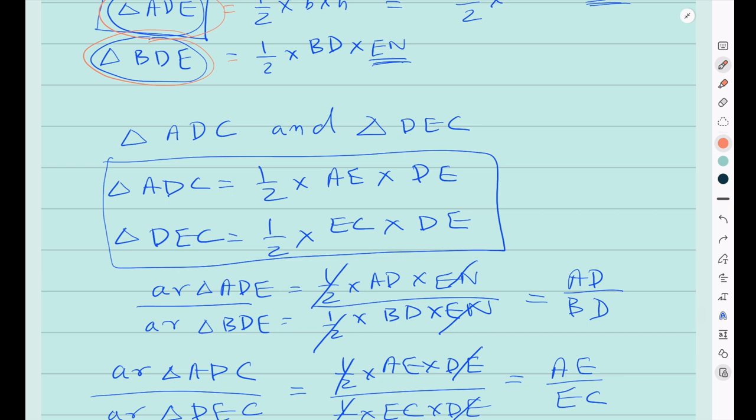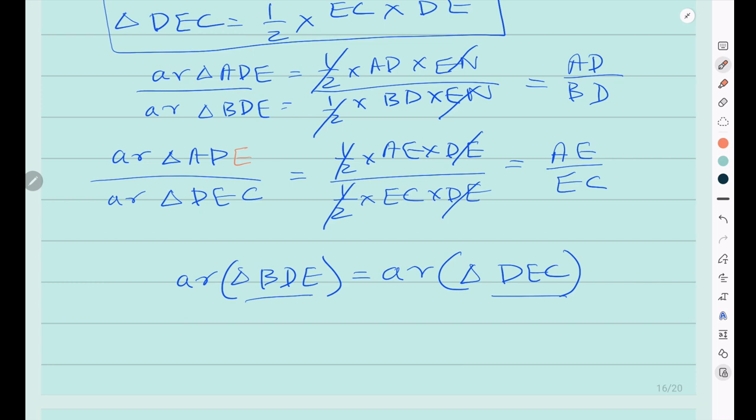Okay, so if they are the same, then what can we write? You may note that in these two ratios, the area of ADE is totally the same. And then just now we saw that BDE is equal to DEC. That makes these two ratios the same.